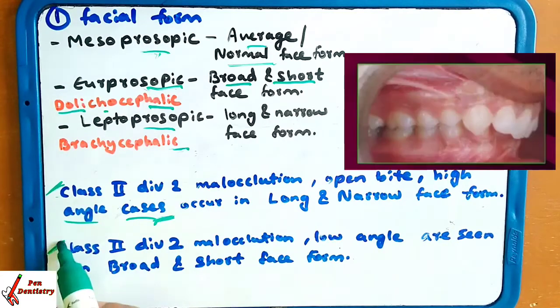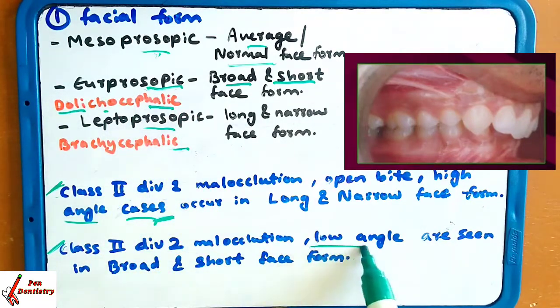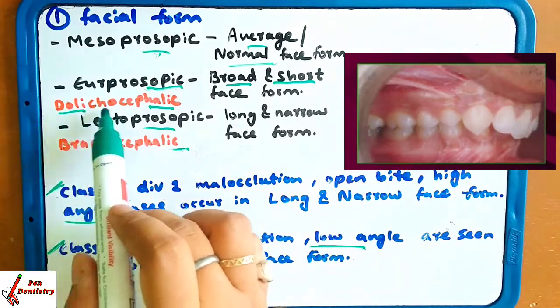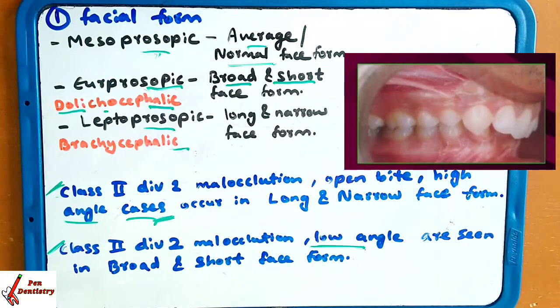And class 2 division 2 malocclusion will take place in the europrosopic. That is, a low angle will be there, and this is seen in a broad and short face form, that is europrosopic, or you can say dolichocephalic form. This was the facial form.